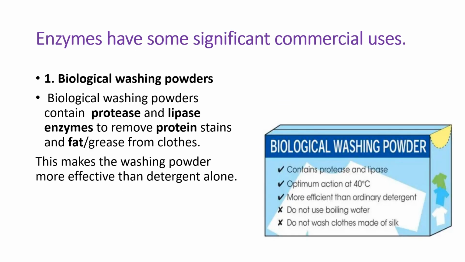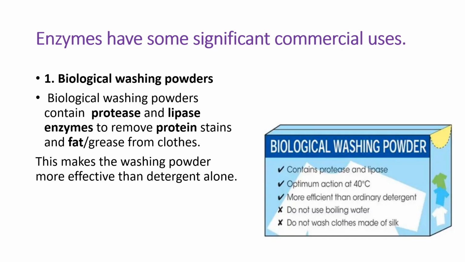Now let's see some commercial uses of enzymes. First one is biological washing powders. Biological washing powders contain protease and lipase enzymes to remove protein stains and fat or grease from clothes very easily. For example, if there is a blood stain, blood contains hemoglobin, which is a protein. So when a biological washing powder is used, this hemoglobin is very easily broken down and the blood stain would be removed very easily.